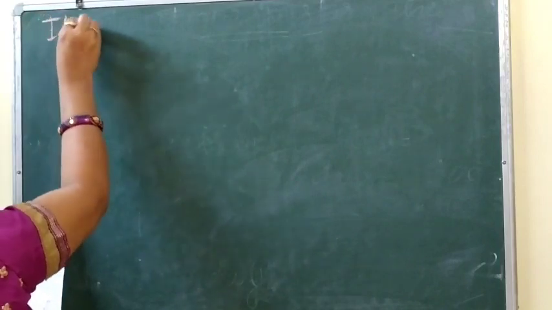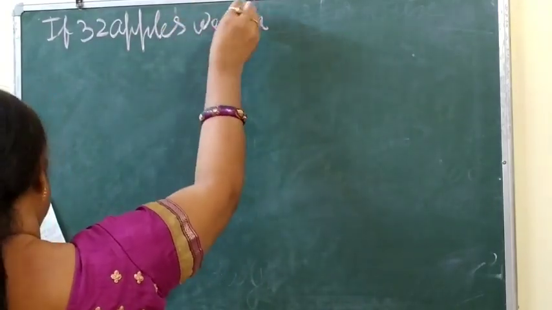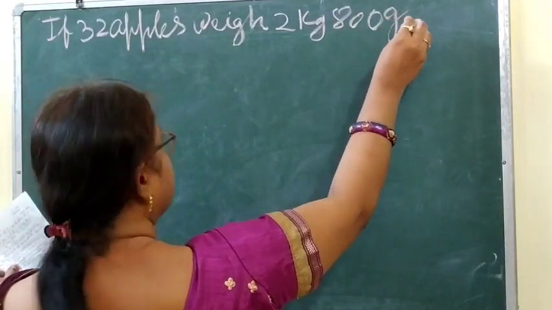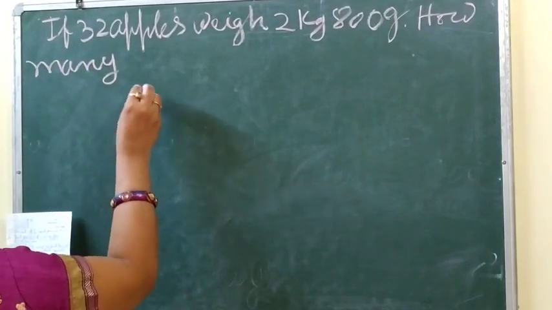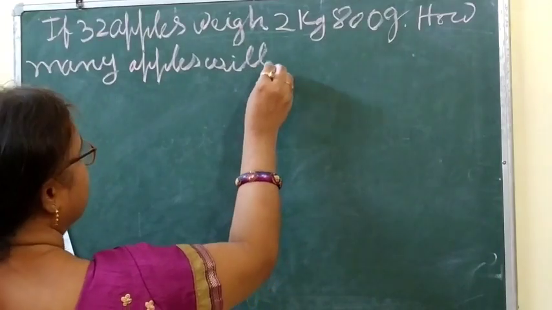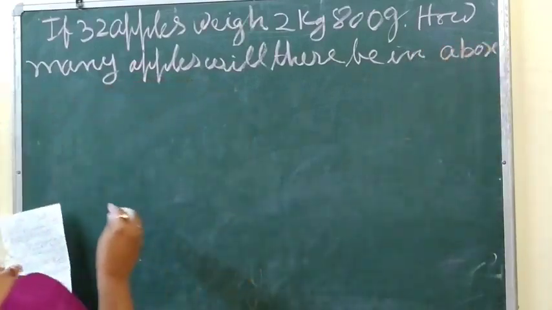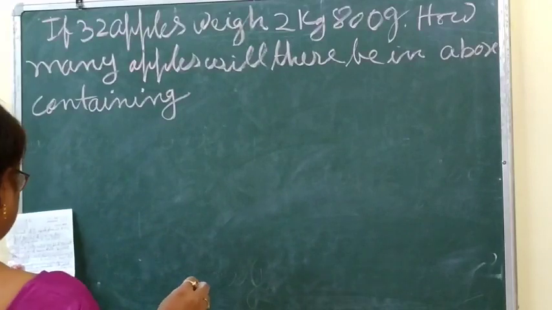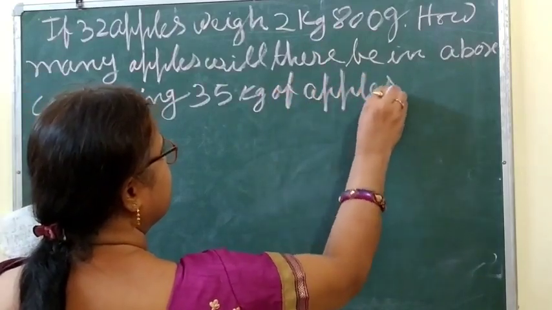The next question is, if 32 apples weigh 2 kg 800 gram, then how many apples will there be in a box containing 35 kg of apples? 35 kg of apples.